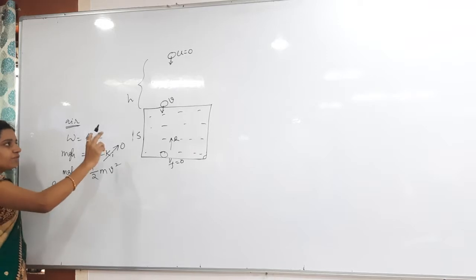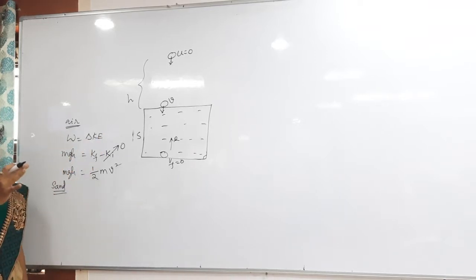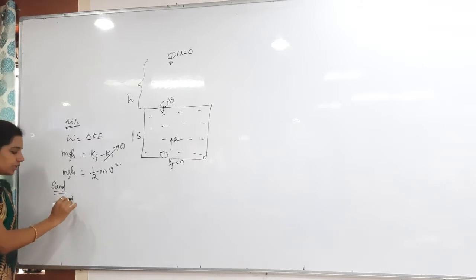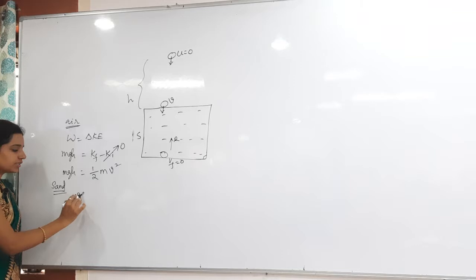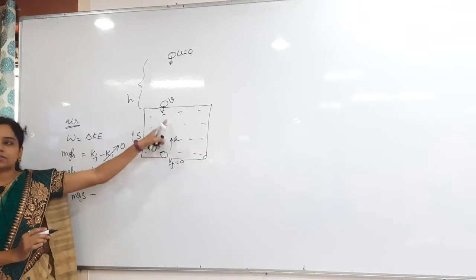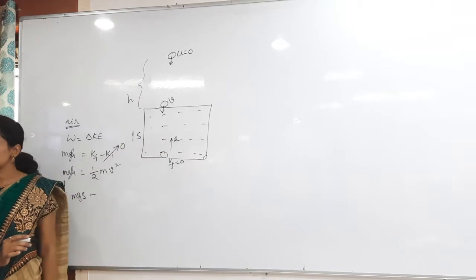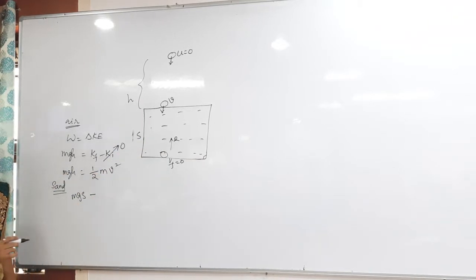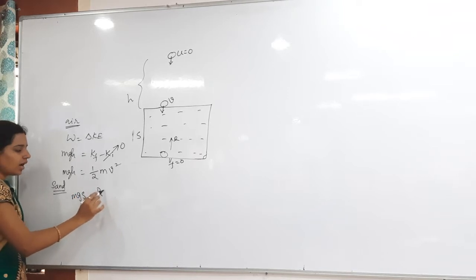Then it is moving under gravity, and also under the resistance force. For the gravity, what will you get? mg into displacement, which is S. Minus or plus? Minus. Why? Because the sand is applying the force in the opposite direction, frictional force, and the displacement is in the downward direction. So minus R into S.